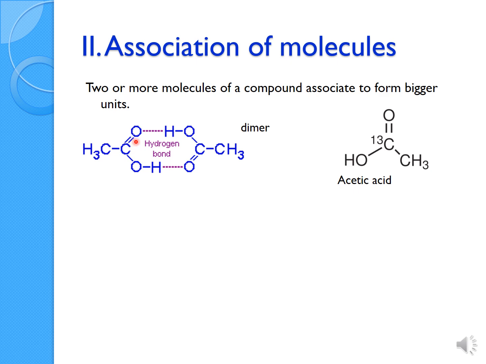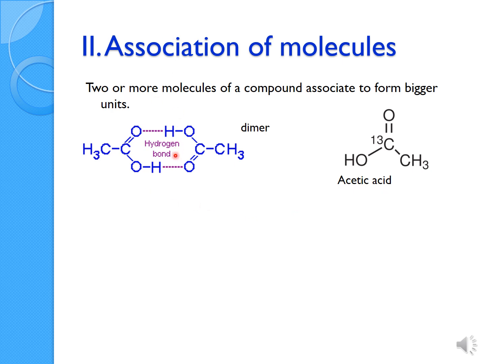You can see the hydrogen bond formed between the oxygen atom of the first carboxylic acid group and hydrogen atom of the second molecule. Similarly, a hydrogen bond is formed between the hydrogen atom of the first molecule and the oxygen atom of the second molecule. So in this way, acetic acid exists as a dimer because of the presence of association.